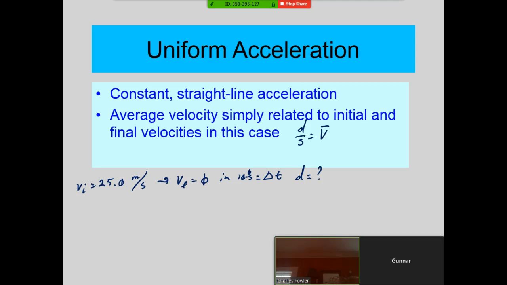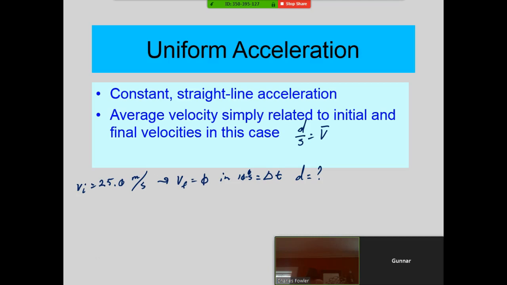The automobile moving at 25 meters per second comes to a stop in 10 seconds when the driver slams on the brakes. Here's our assumption, that he is now undergoing uniform, constant, straight line acceleration, or in this case, deceleration. He's slowing down at an even, regular pattern.